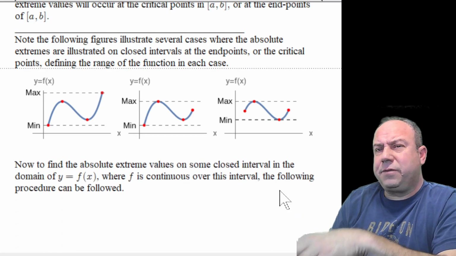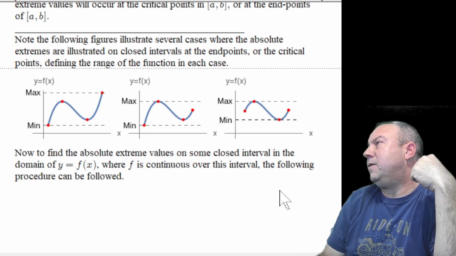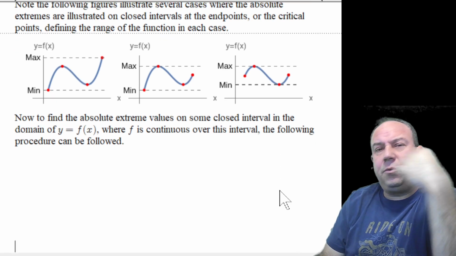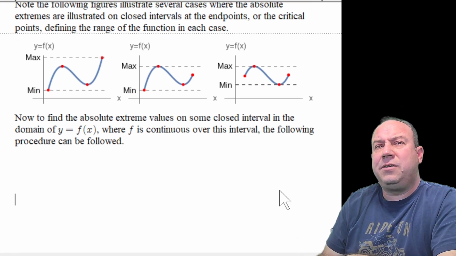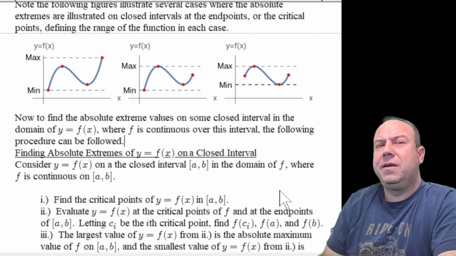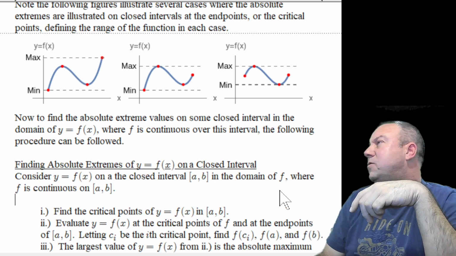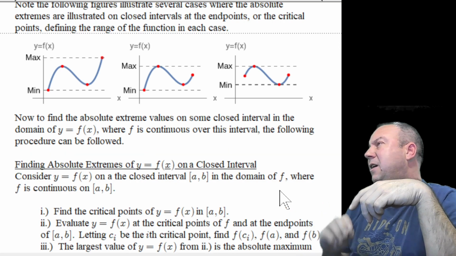And there is a procedure for finding those extreme values on some closed interval. There's actually a procedure that we can follow because of their known existence and where they are located. So we do have this process here of finding absolute extreme values of a function on a closed interval.